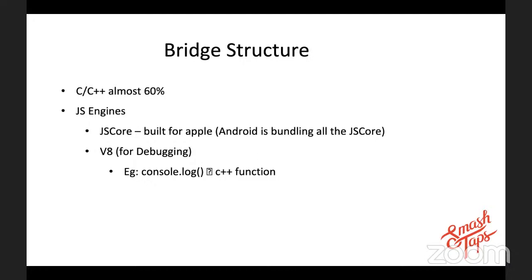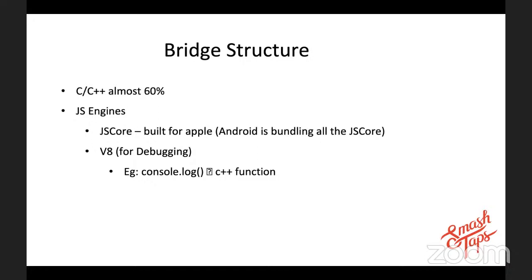Chrome's V8 engine is also there for debugging. React Native developers have implemented the V8 engine only for debugging purposes. As you all know, if you have worked with JavaScript before, you have used console log.